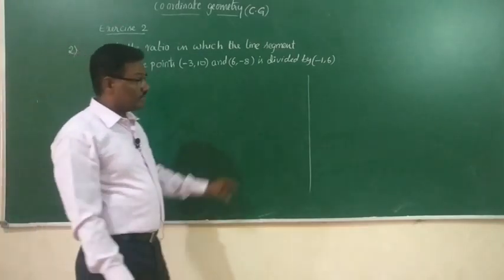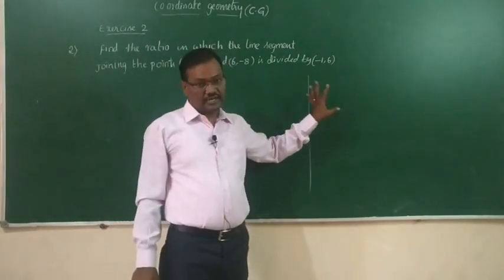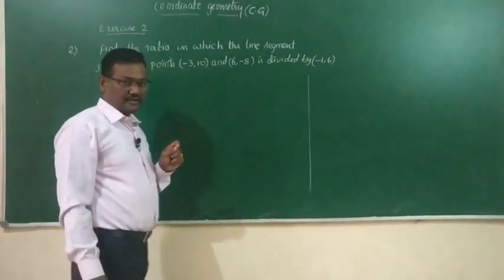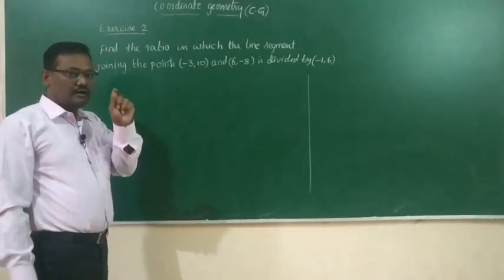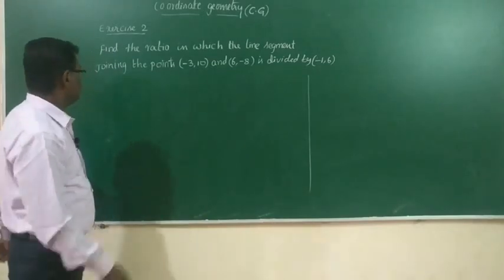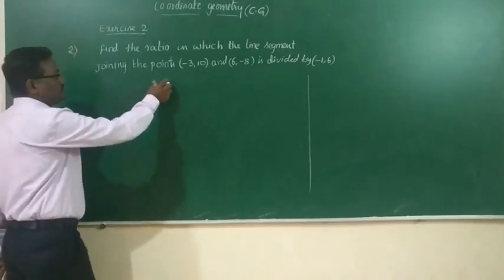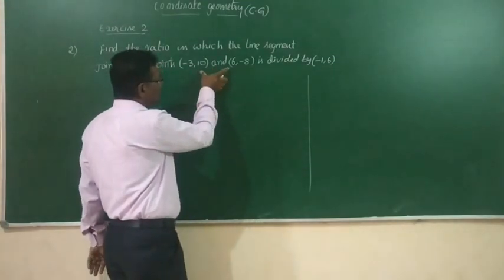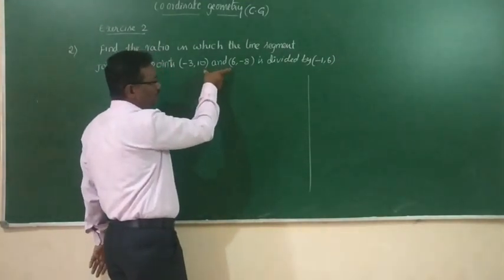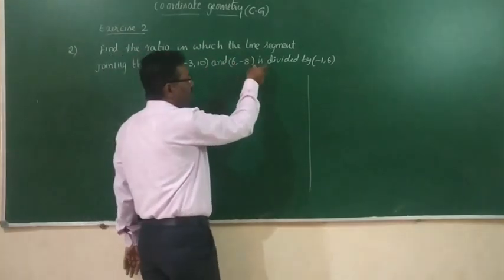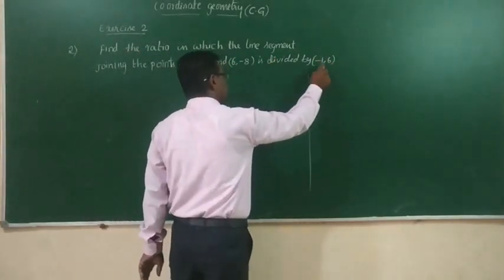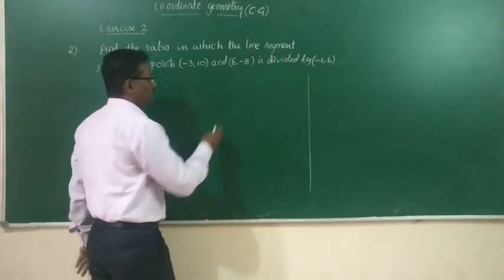I have given a note for finding ratio: either we can use x coordinate or y coordinate of section point. Here, which is the dividing point? Here observe, the line segment joining these 2 points is divided by this point. Therefore, this is going to be considered as section point.